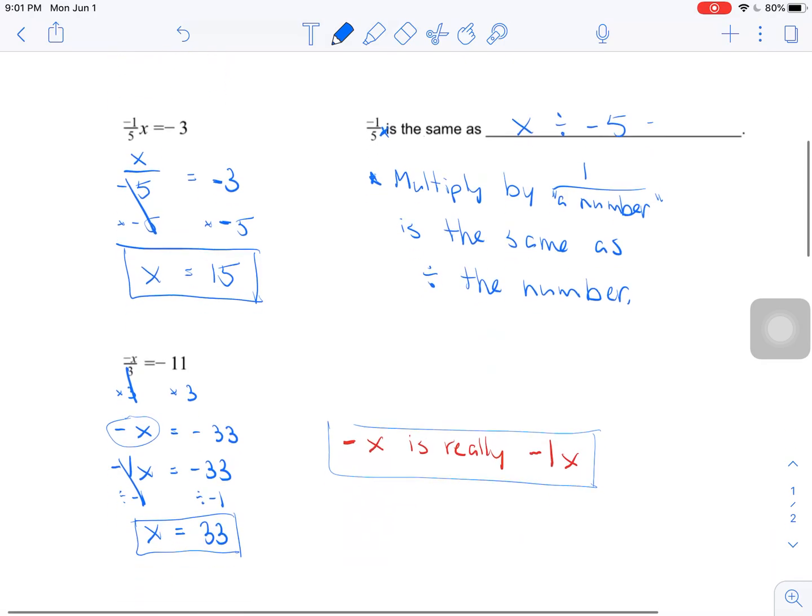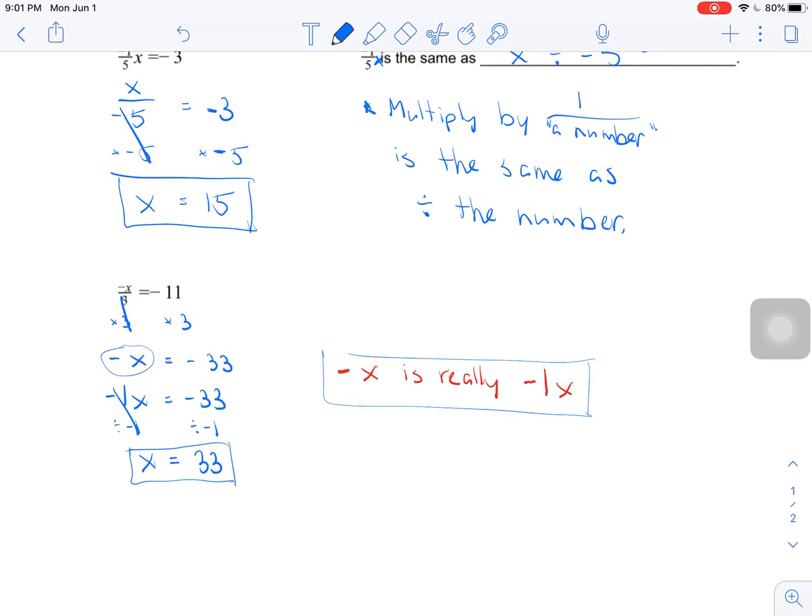So kind of like the second problem. And then you'll have a couple of problems where you have a negative stuck on the x. So if you have a negative stuck on the x, that third example will give you some ideas of how to deal with that. So with that done, you should be ready to go ahead and give today's assignment a try. So when your notes are all filled out and you're ready to go, then you can move on to that assignment.